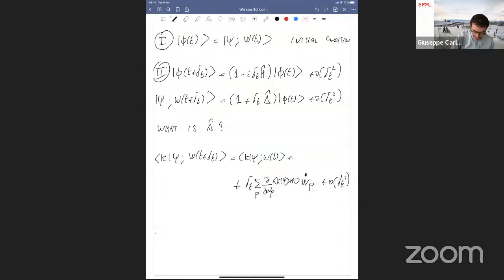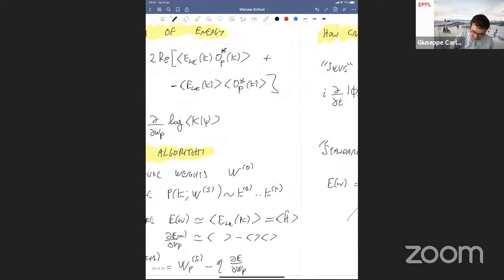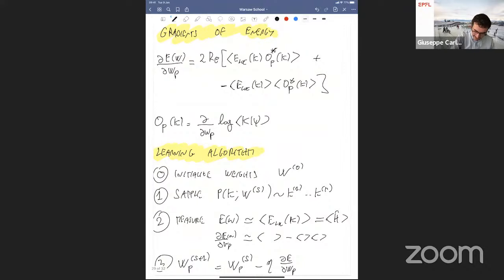And indeed, the operator delta that enters the equation that I wrote above is related to this expression here, and essentially is the sum over p of these operators that here I called O. So these are really the same.